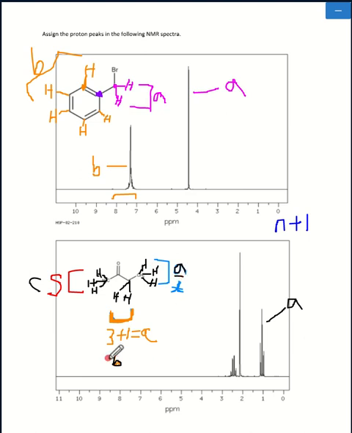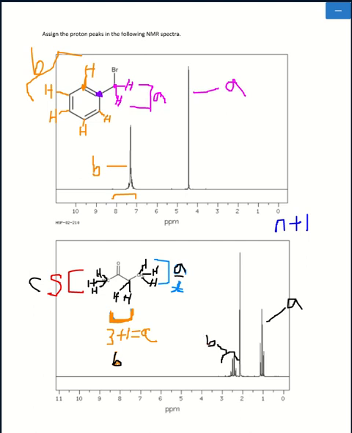Environment B has 2 hydrogen, and the signal for those is being split into a quartet. The only thing that looks like a quartet is the one all the way on the left, therefore I'm going to label that peak as B.